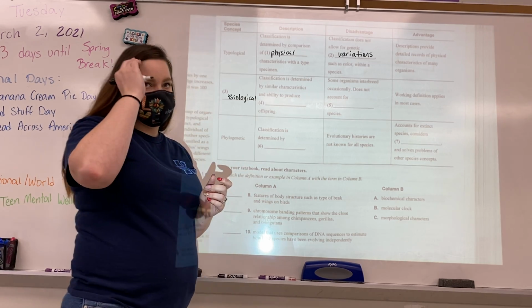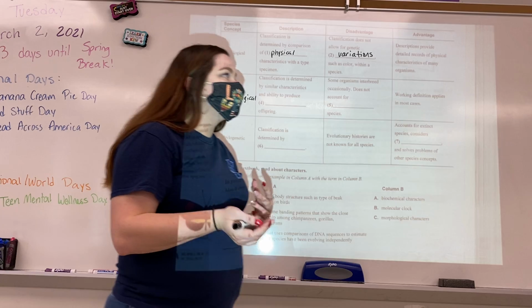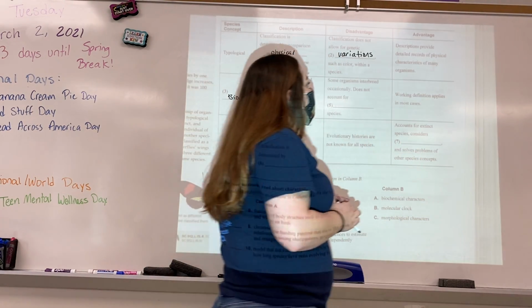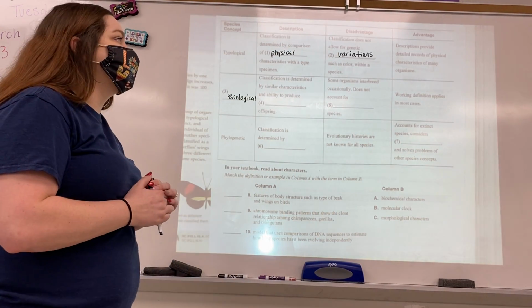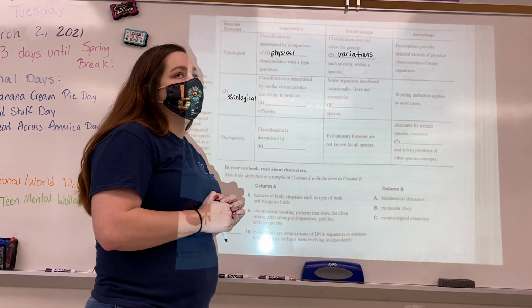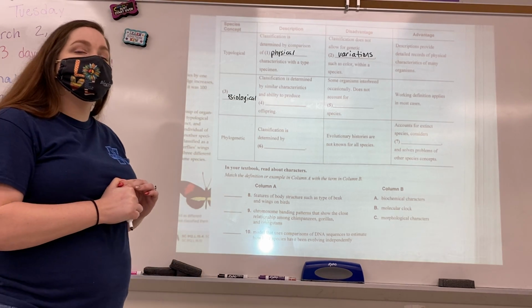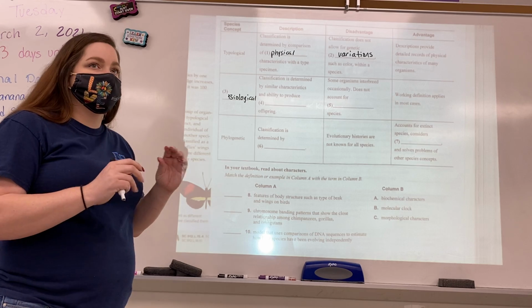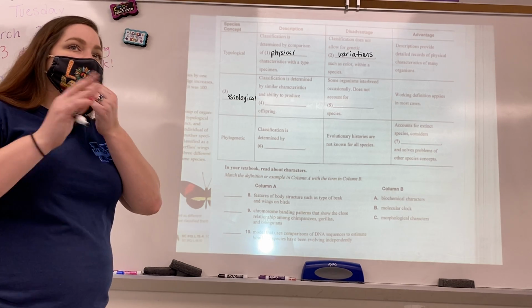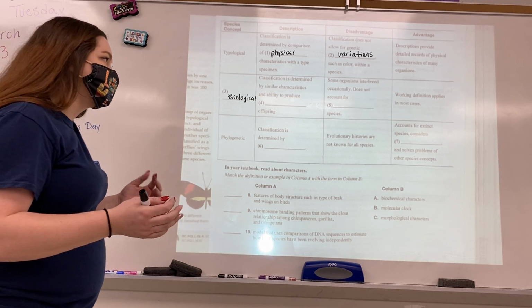But the advantage is that the descriptions provide detailed records of physical characteristics of many organisms. It takes into account the very minute physical details of each species and how they compare to other species.